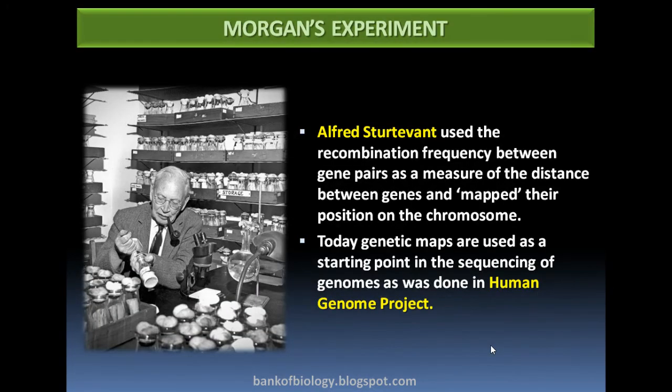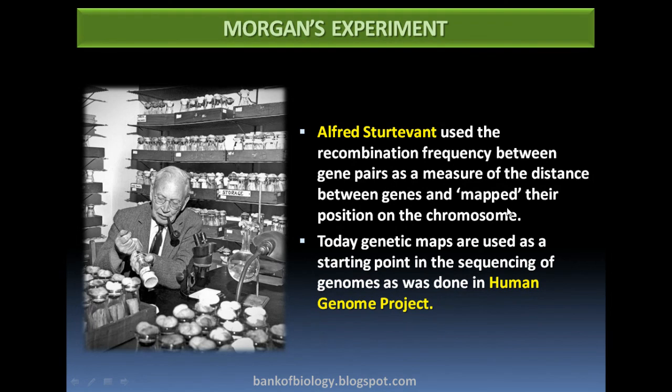Now, modern projects are all based on genetic maps. When we study linkage or recombination, we find that the recombinants are much more when the genes are far apart, and this can be used in placing the genes on the chromosomes, and that is known as gene mapping.